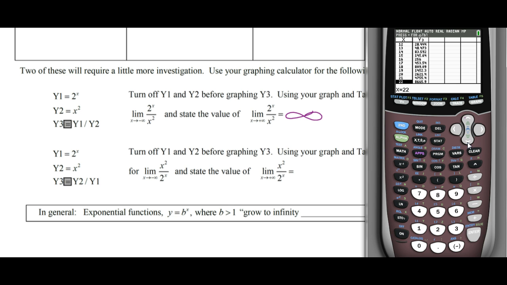Okay, so turn off y1. Now let's graph y2 divided by y1. That's kind of an interesting graph, actually, right?